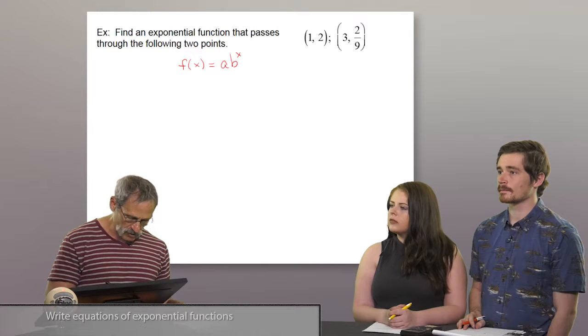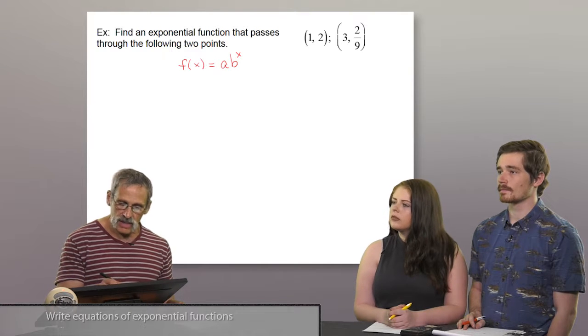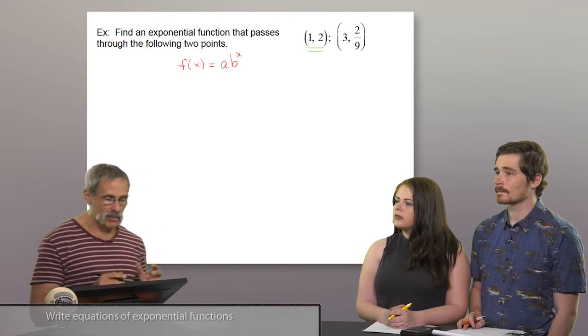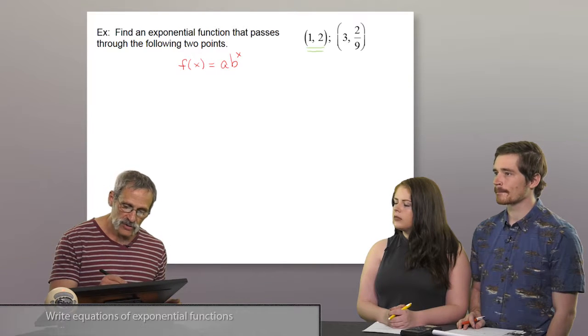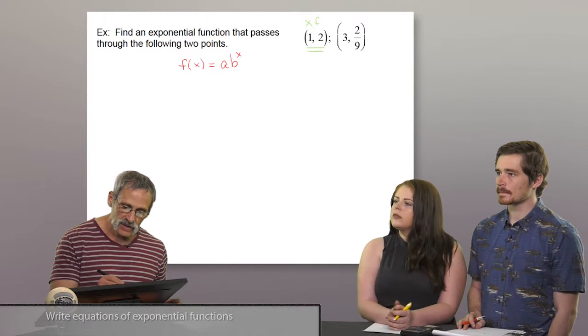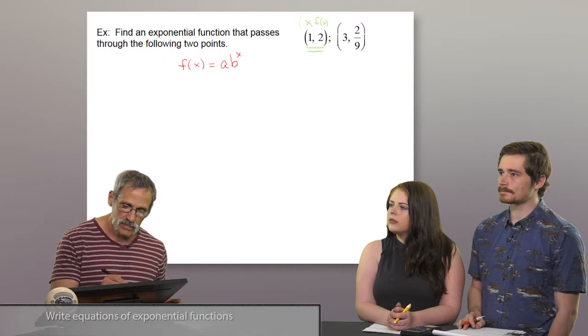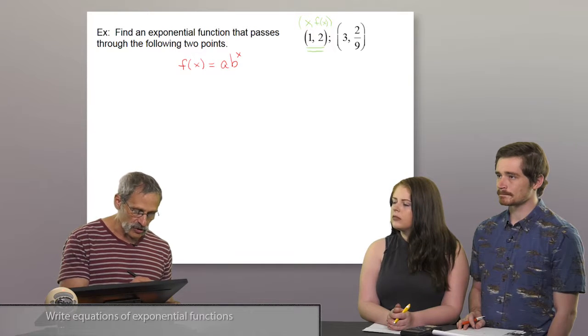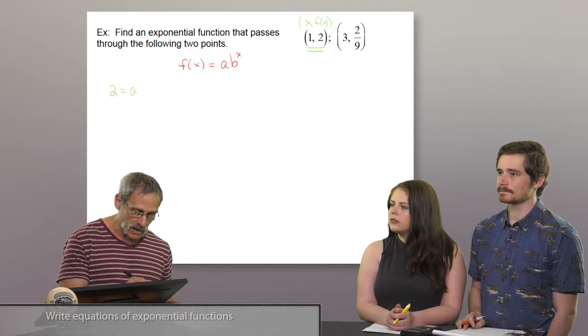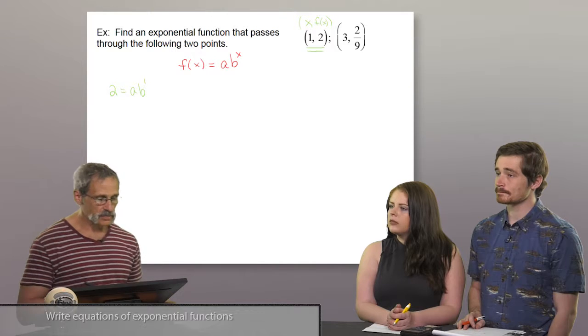And I'm going to start by just taking each point separately and substituting it into the formula. And again, here's the x value, here's the f of x value. So when I do this, f of x is 2. This is equal to a times b to the first.